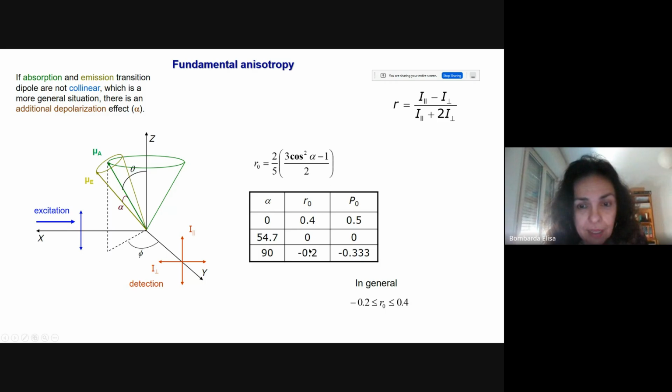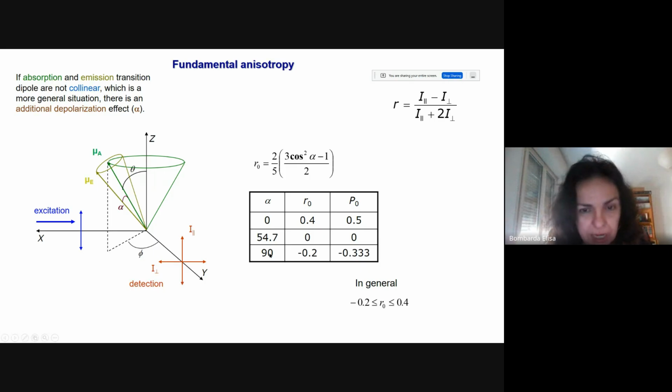And actually these are some particular values that can be calculated according to the angle alpha. As you see, for the magic angle, the fundamental anisotropy will be 0, so the intensity will not be affected by the presence of the anisotropic distribution.